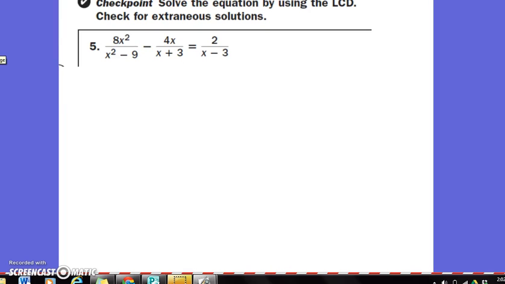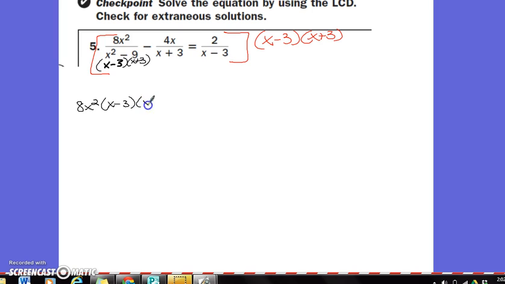Oh, same kind of problem. Look, this is actually x minus 3 and x plus 3. So to clear our fractions, I can multiply everything by x minus 3 and x plus 3. Right? Let's write it out. 8x squared times x minus 3, x plus 3.